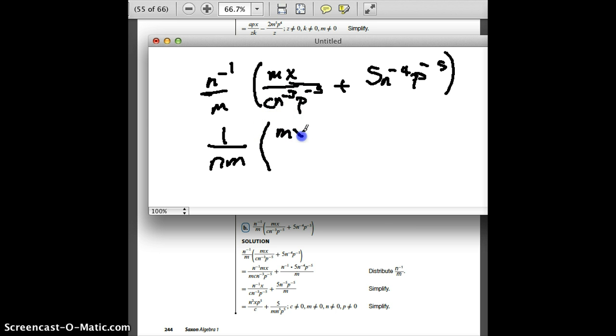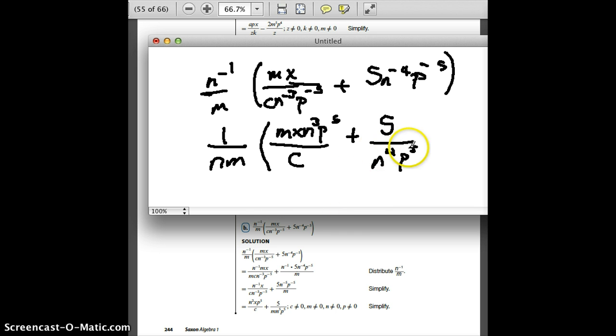So I have m, x, n to the 3rd, and the p wants to go up here, p to the 5th. And what's left down there is c. Plus, we have the 5 up top, but the n to the negative 4 and the p go underneath, so n to the 4th, p to the 5th goes underneath.